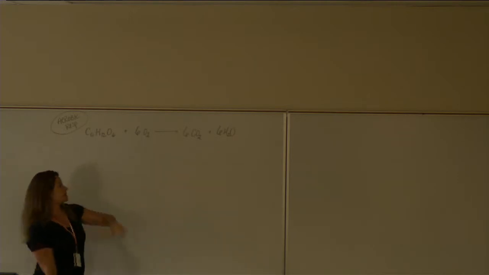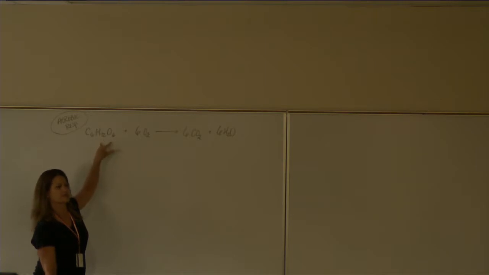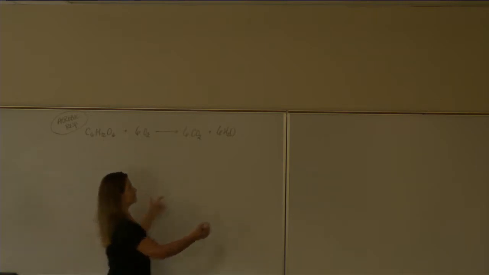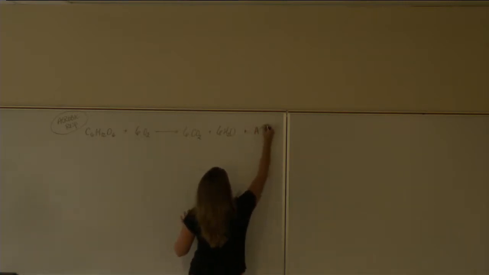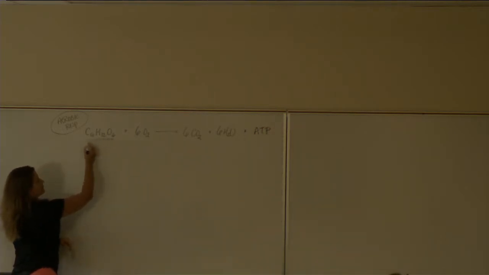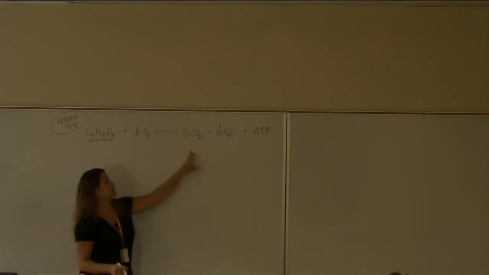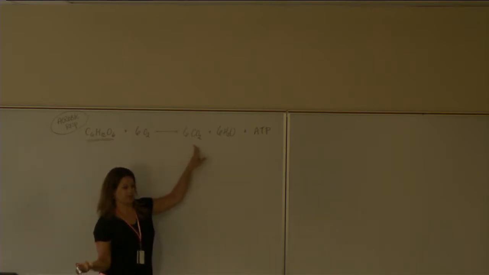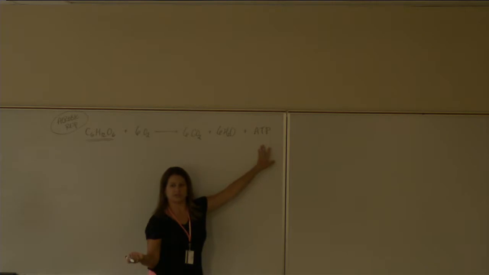ATP. Yes, ATP. Because remember, we had this huge, super large glucose molecule. We stripped it down, breaking those bonds in order to harvest this ATP. So here we see something organic yielding an inorganic form of carbon, but also all this energy.